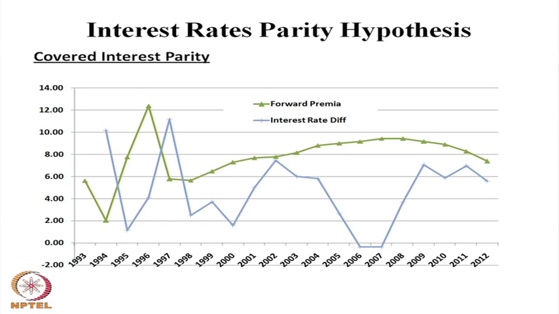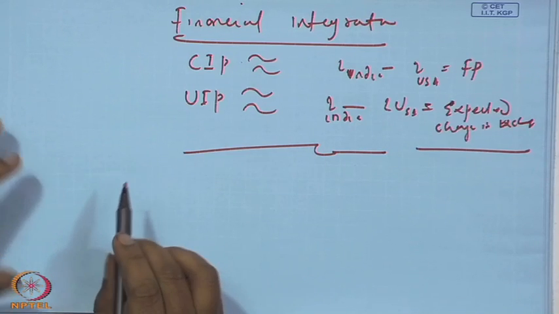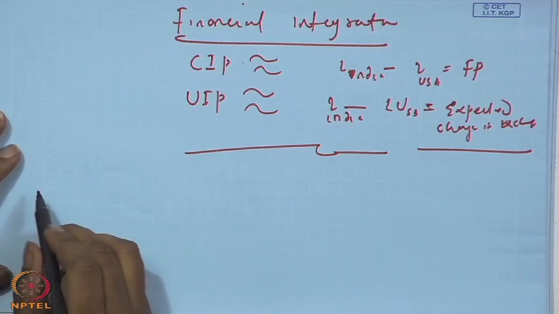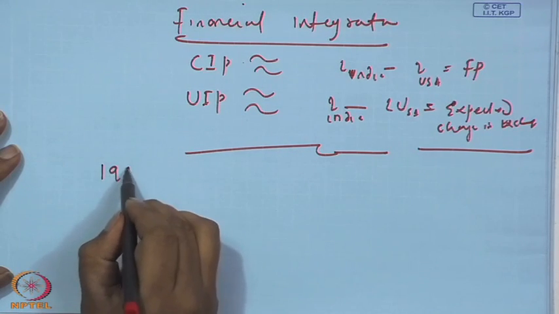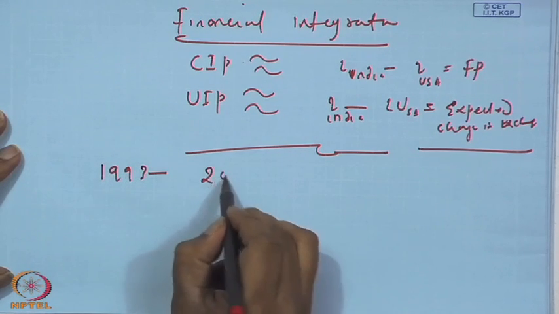What I have done here is take the covered interest parity and uncovered interest parity. I have taken the last 20 years of data, from 1993 to 2012.